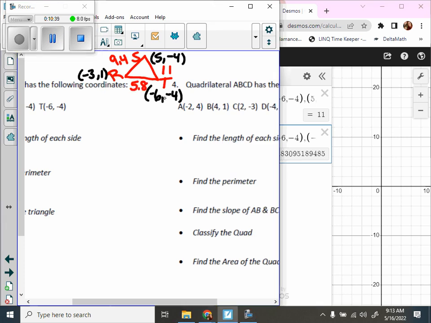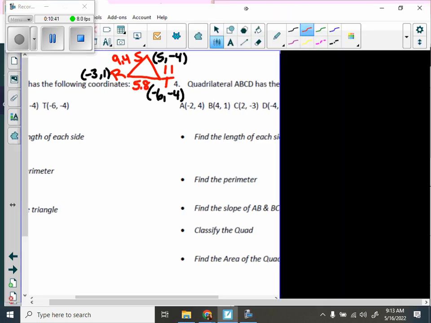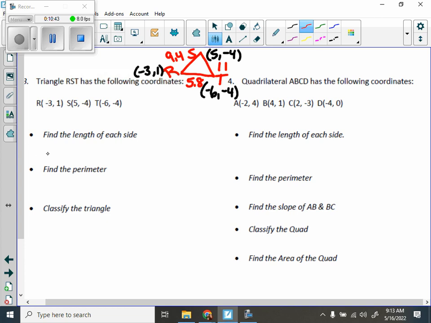So guys, we found the length of each side. I'm going to label them here. Okay, RS was 9.4, ST was 11, and RT was 5.8.